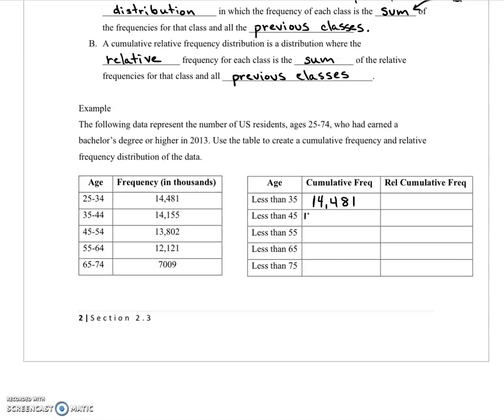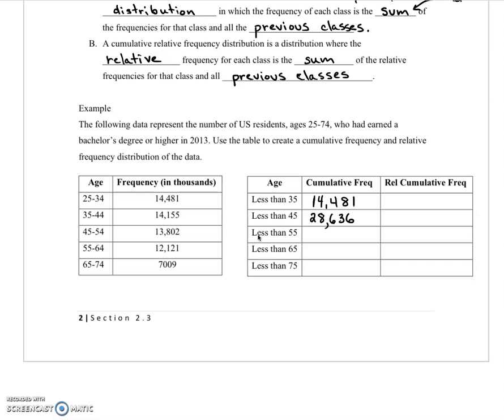So let's see, 14,481 plus 14,155, and that's going to equal 28,636.